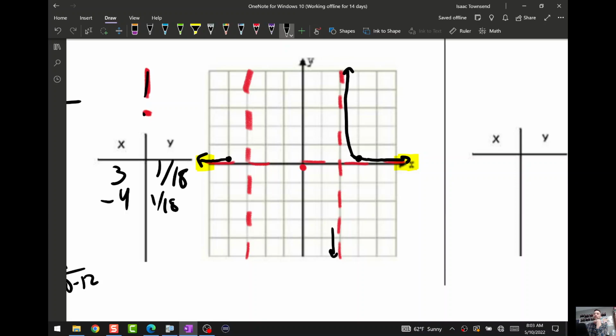From left to right, it looks like it's going up. So that means it'll keep going up. So this side, it spikes up on the left and then down to the right. And I've got this point that it needs to hit. And now it all kind of comes together.